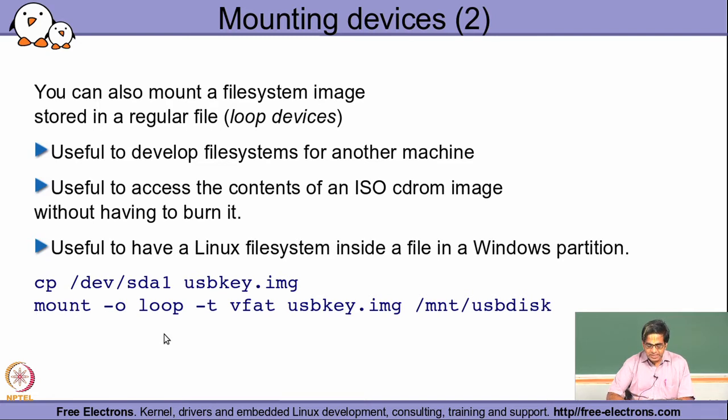And this file system image I am now telling is a vfat file system type, and this is the file system image file that is available, and I want it to be mounted on this particular mount point.